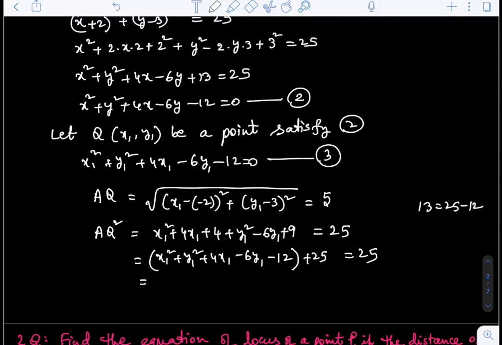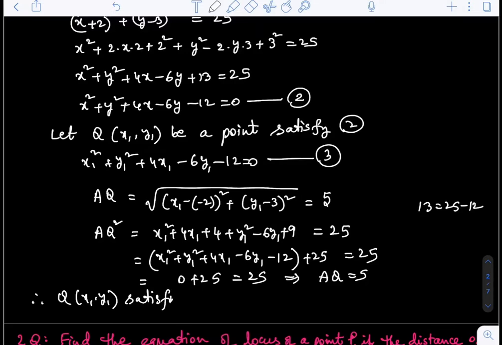In the next step it will become 0 plus 25, which is equal to 25. That is the same. That implies AQ is 5. This means Q (x1, y1) satisfies the geometric condition here.